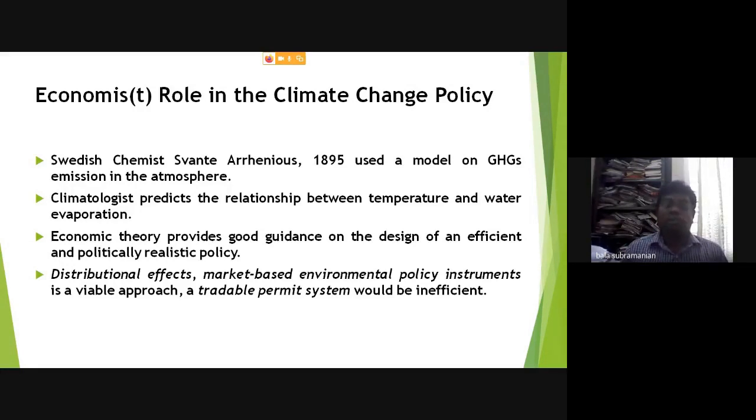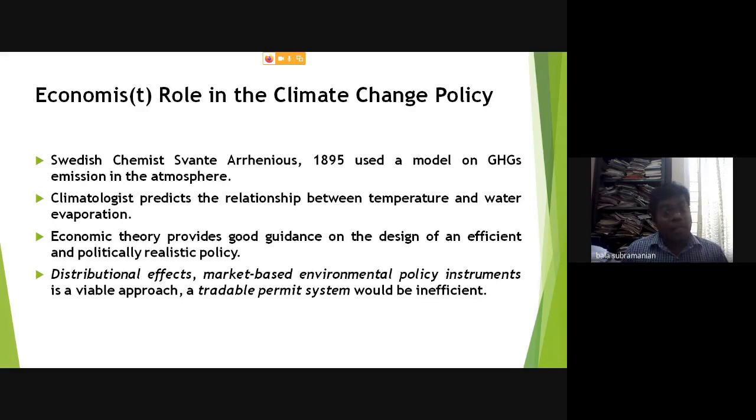For example, science makes a major contribution to climate change solutions through various models and prediction of future CO2 emissions. The economist's role is in the cost perspective, cost-benefit analysis, and how much finance is needed from developed countries.